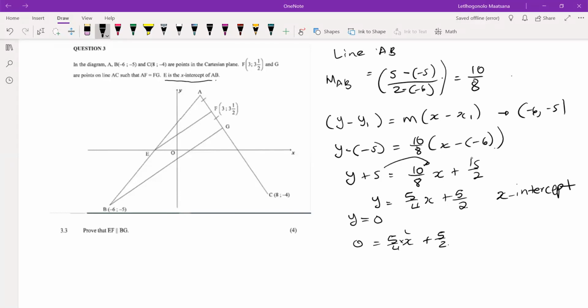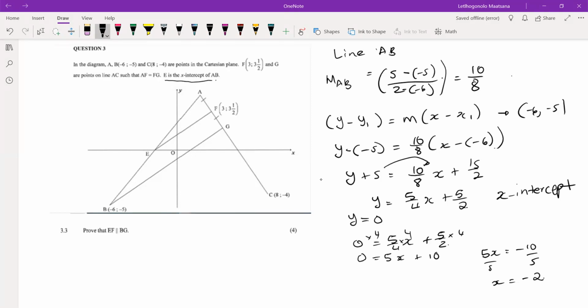We'll go ahead and multiply everything with 4. We get 0 is equal to 5x plus 10. Take the 10 to the other side, we'll get 5x is equal to negative 10. Divide both sides by 5. We get x is equal to negative 2.